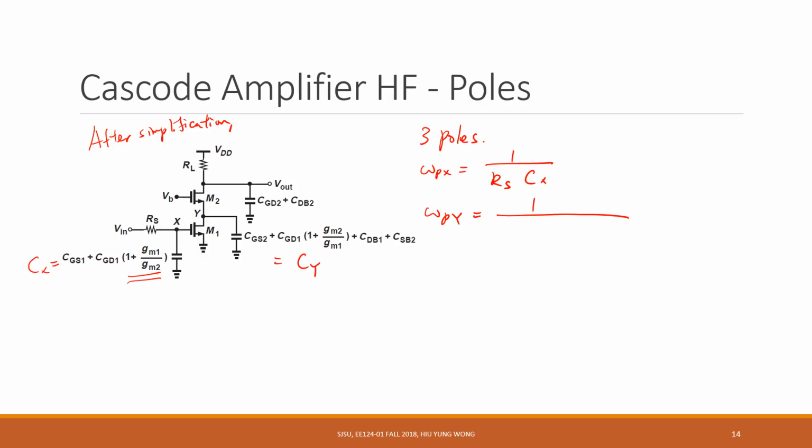Going down is R naught, going up is 1 over gm. So this is 1 over gm times 1 over gm2 times Cy. Okay, and then finally, omega p out, this pole is equal to 1 over RL times CGD2 plus CDB2.